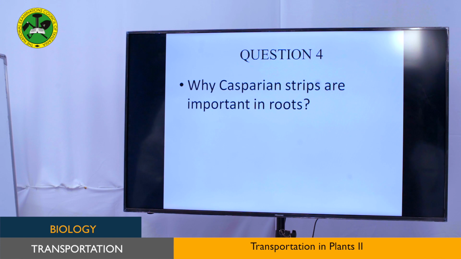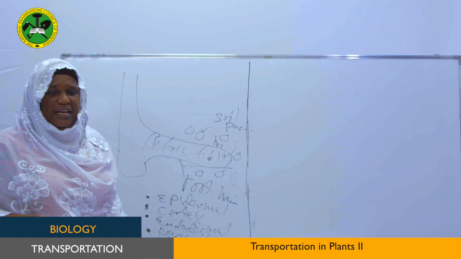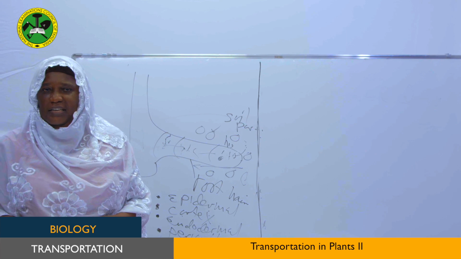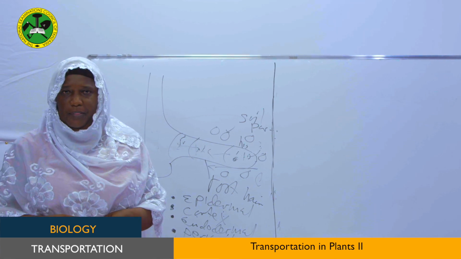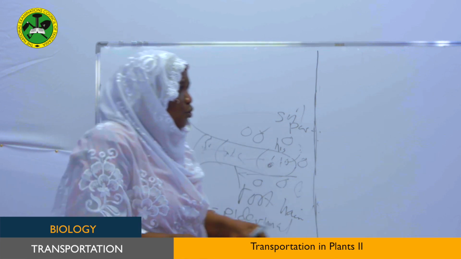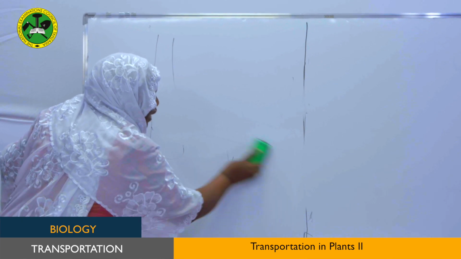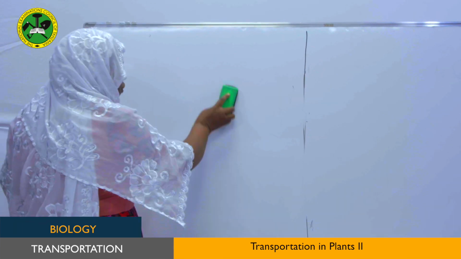Question 4 says why Casparian strips are important in roots. We have seen Casparian strips in endodermal cells in roots. Here we are required to explain the importance of Casparian strips.